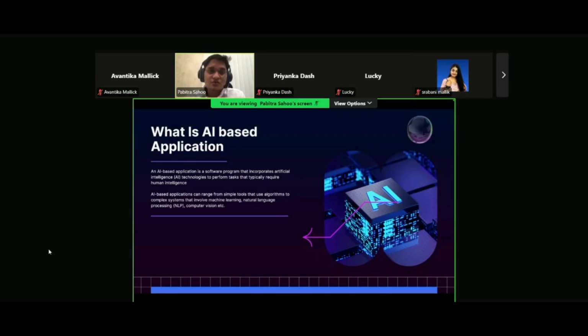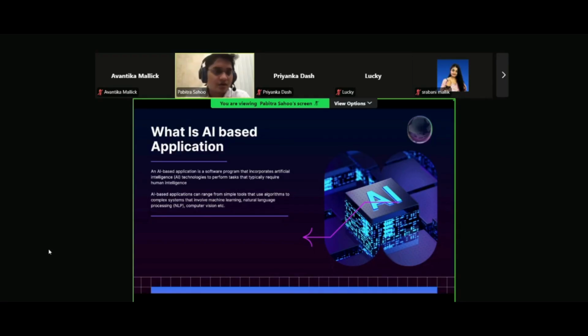Those software which have embedded or incorporated artificial intelligence, we simply call AI based applications. They may range from very simple tools to very complex systems utilizing machine learning or NLP.